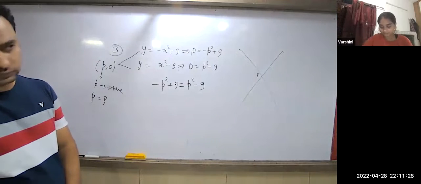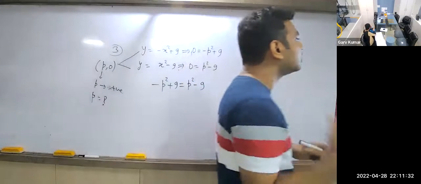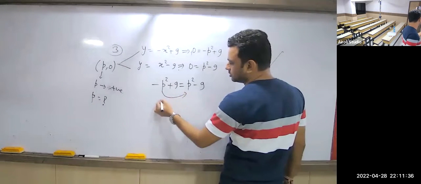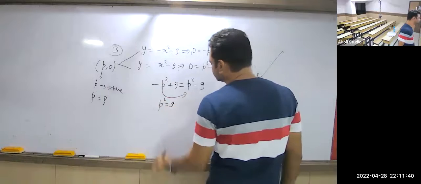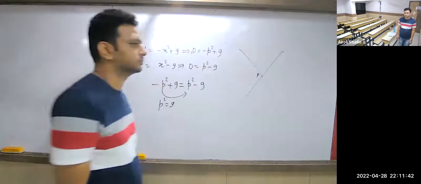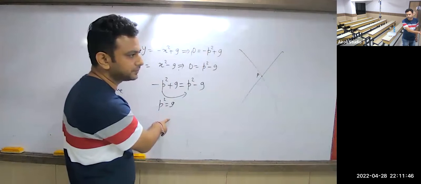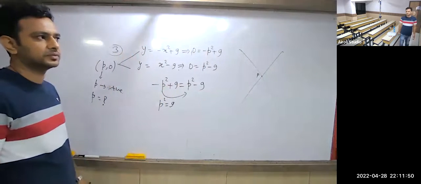Sir, I got 3 too. Okay, so I'm solving this. It will be p square as 9. Take the square root, you will get 3 only. So actually we got two values, plus minus 3.